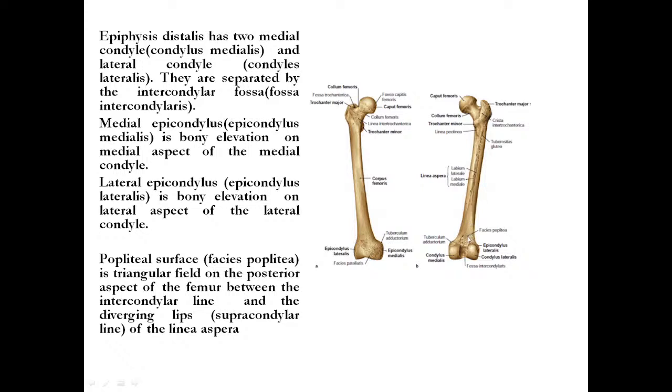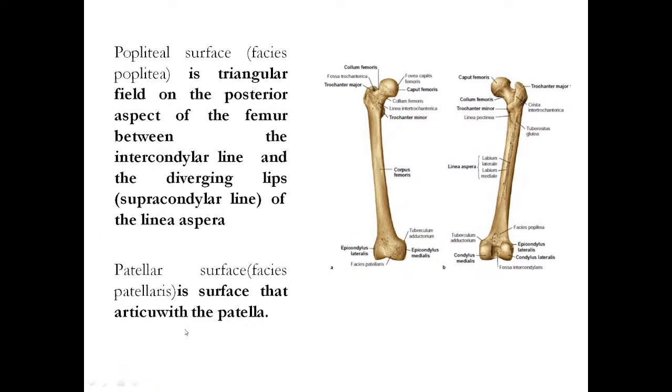Thus, facies poplitea is located on the posterior surface of the femur. This is facies poplitea.